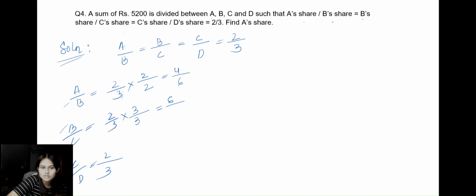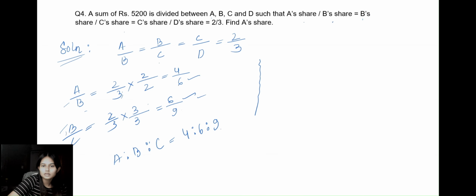So it will come 6 by 9. So here we can see B is equal. Then we can have this proportion, like if A is 4, then B is 6 and C is 9. This part is done. So we are roughly getting A, B and C in 4, 6, 9 ratio, right?